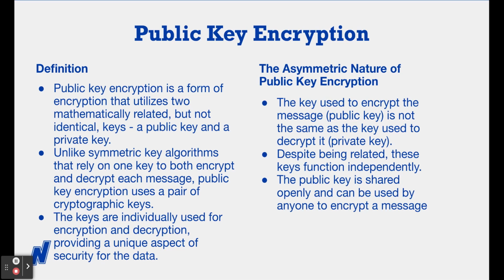These are mathematically related but not identical, which is why this system is called asymmetric encryption. The different roles of these keys allow for secure communication without a secure initial exchange of a shared secret key.